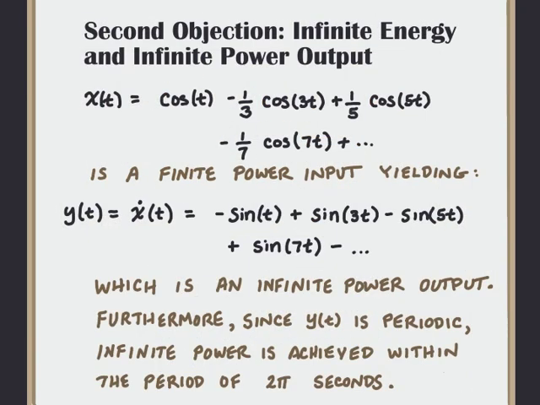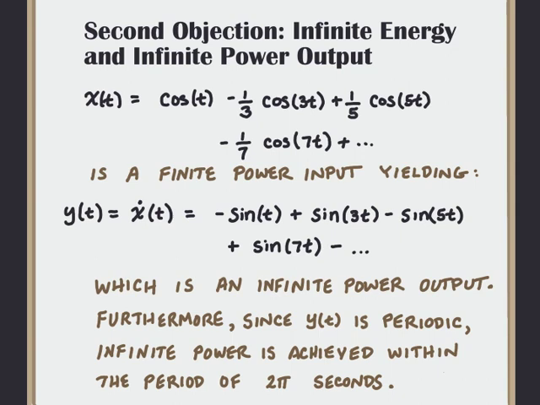Our second objection to improper transfer functions has to do with the power relationship between the signal input and the signal output. So let's consider the following signal. X of t is cosine t minus 1/3 cosine 3t plus 1/5 cosine 5t minus 1/7 cosine 7t, and so on. It's easy to show that this is a finite power input.